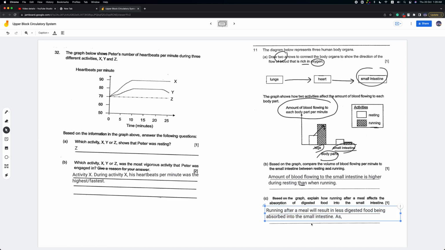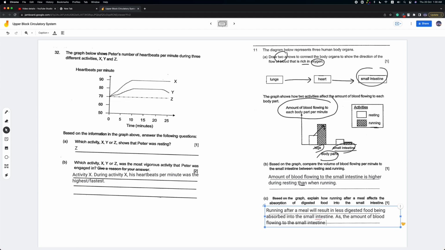As the amount of blood flowing to the small intestine, again, focus on what they are asking, not each body part, but only the small intestine. Let's read the question again: affects the absorption.